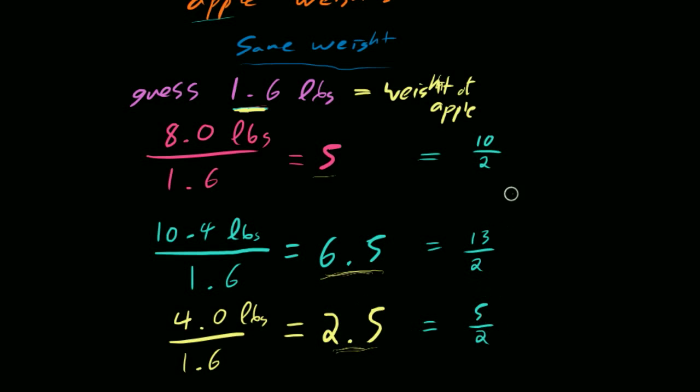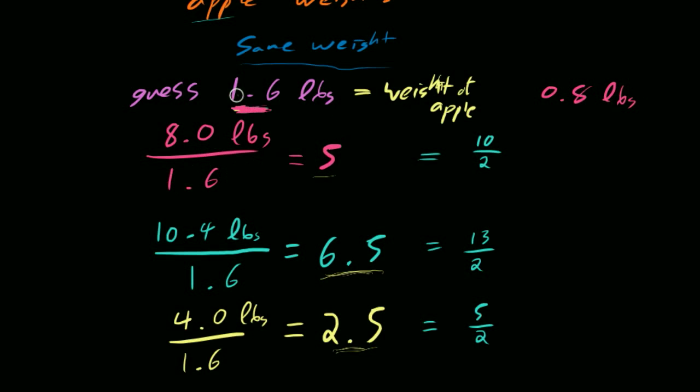So now, let's just imagine that we were off by 2. Imagine that 1.6 pounds is actually twice the weight of one apple. So imagine that instead of an apple weighing 1.6 pounds, an apple now weighed 0.8 pounds.